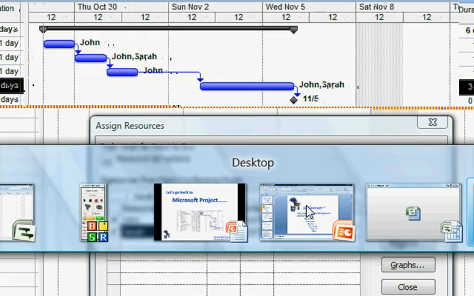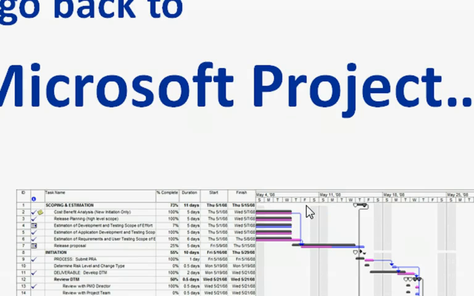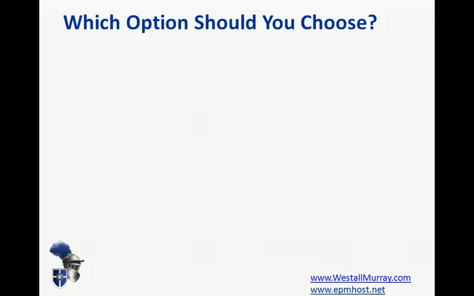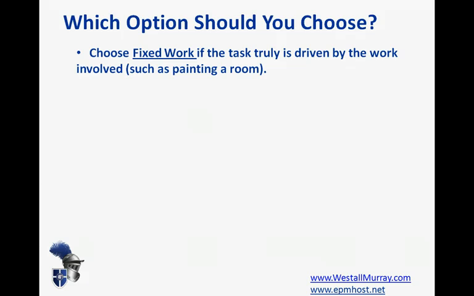So let's just quickly go back to the slides again and talk about which option we would choose in various circumstances. My recommendations would be that you should choose fixed work if the task actually is dependent on the amount of work. If the most important thing about the duration of this task is the number of person hours, then choose fixed work.